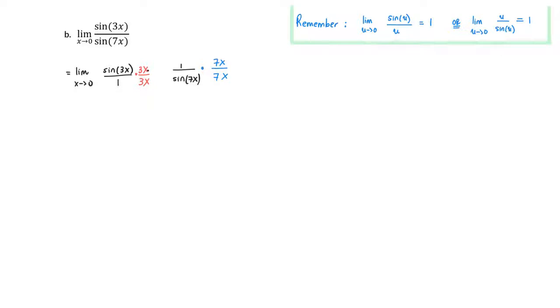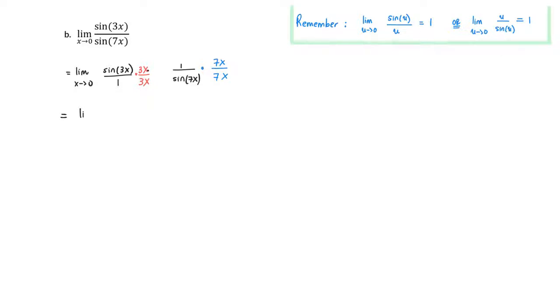Now, let's see. I'm going to reorganize again. Some things I want to keep inside of the limit. Some things that I don't need are going to come outside of the limit notation. So this 3x, I want to keep within the limit. Then I'm going to have a 3x bouncing around. And the same thing over here, this 7x, I don't really need it. What I really want is the 7x in the numerator. So look at this.